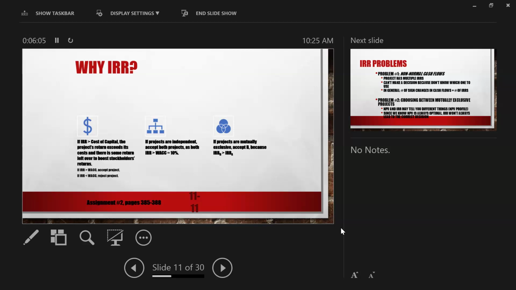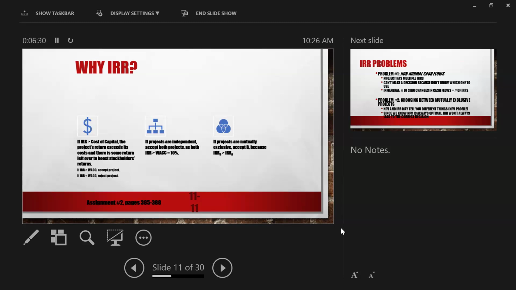They want to know, because the problem with NPV is the basis of comparison. But IRR is an apples to apples comparison. Project A gets 8%, project B gets 10%. Everybody knows what that means. You'd much rather have B than A, all else being equal.